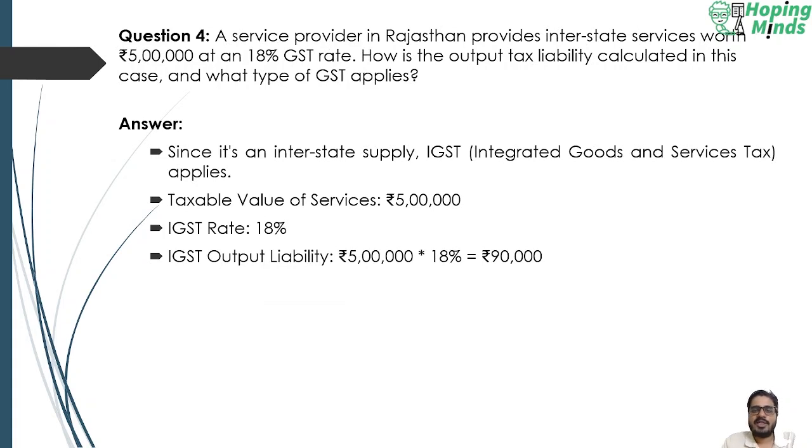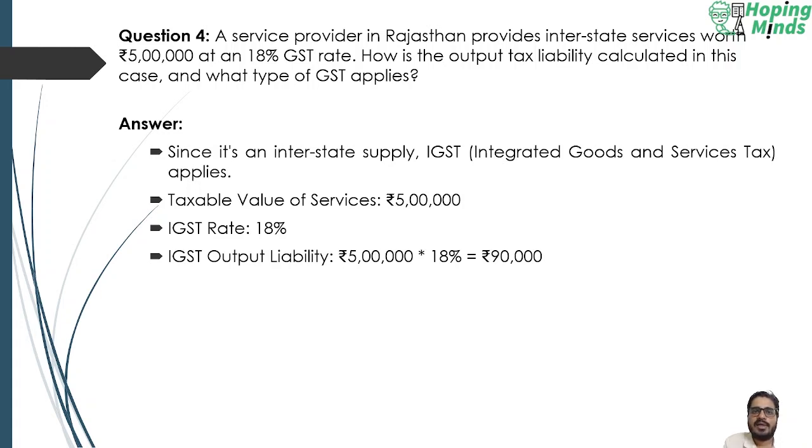Next, a service provider in Rajasthan provides interstate services worth 5 lakh at an 18% GST rate. How is the output tax liability calculated in this case and what type of GST is applicable?